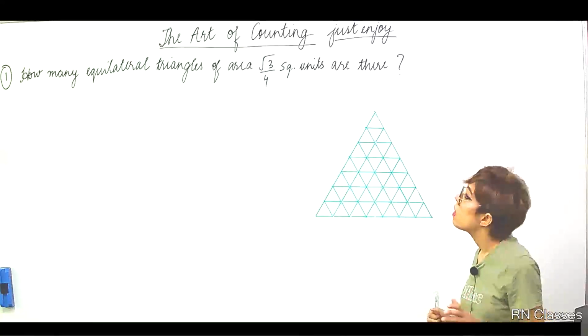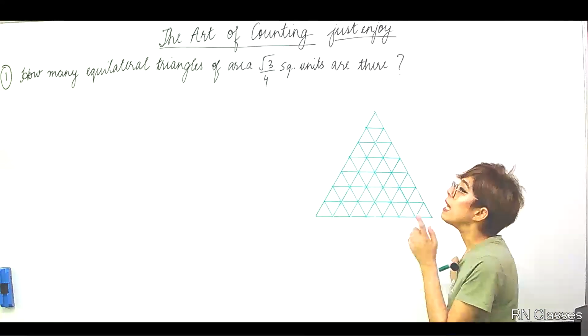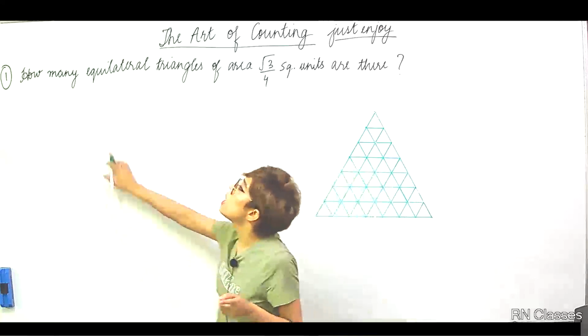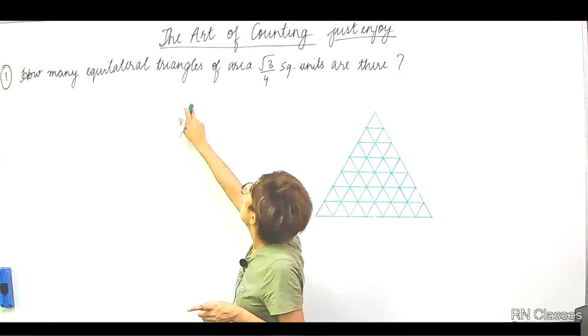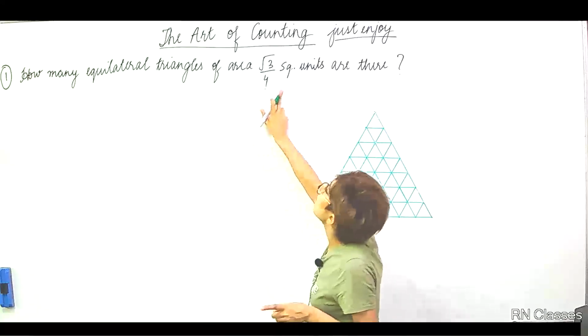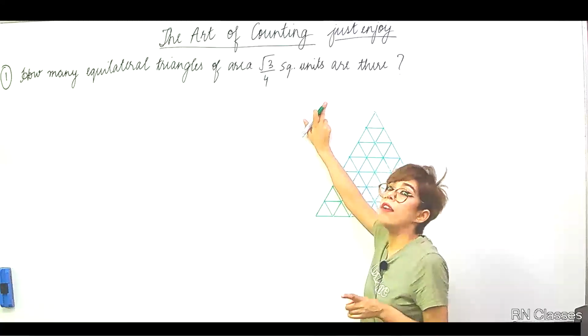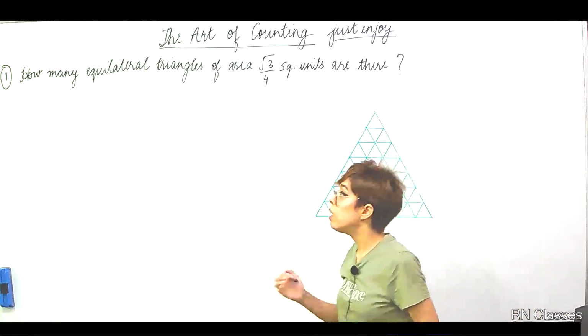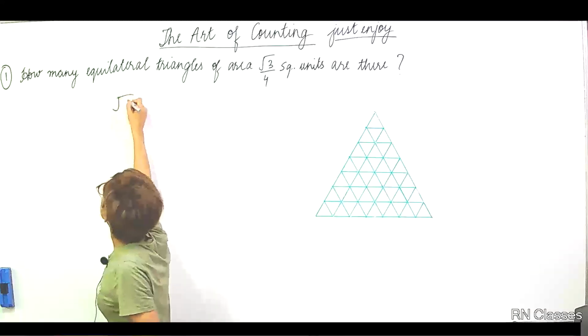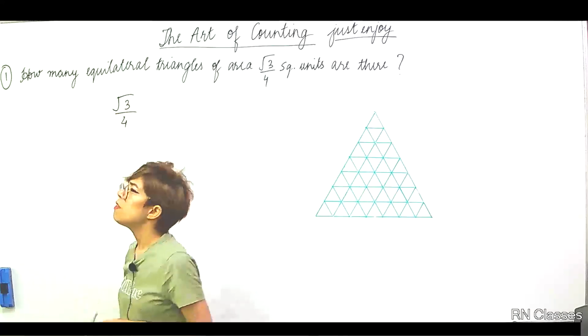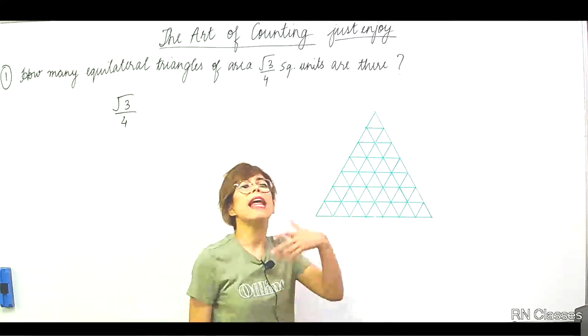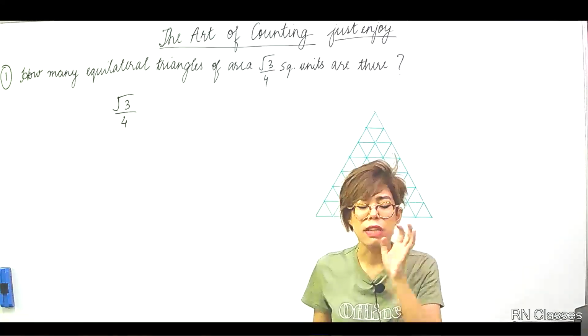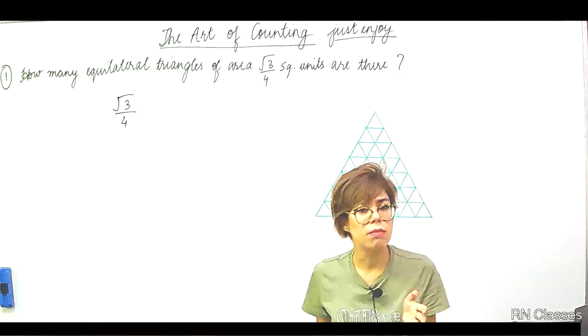So, let's read it. In the given figure, he is asking us how many equilateral triangles of area √3/4 square units there are. Now, first of all, if I take any equilateral triangle, what will be the area?